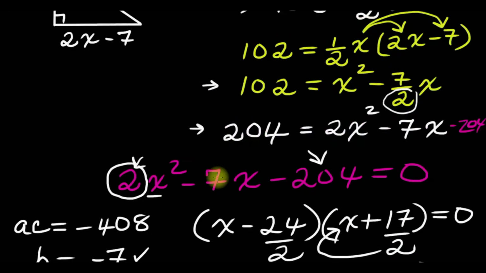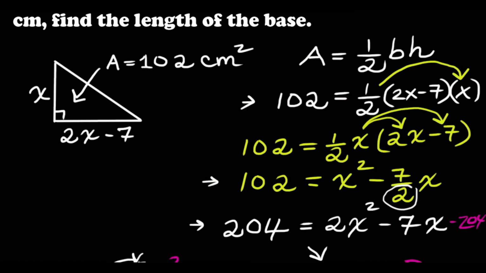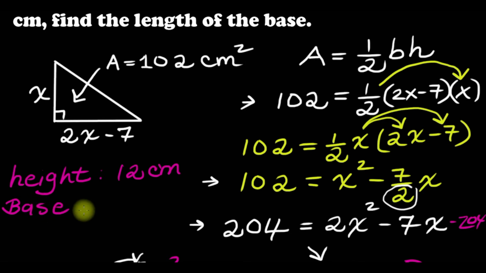Okay, so we can go back up top. So we found x. So that means the height is going to be 12 centimeter. And then the base: two times 12 is 24.